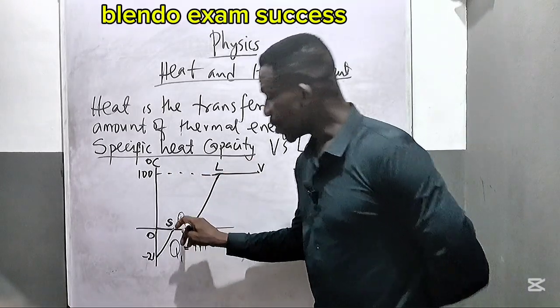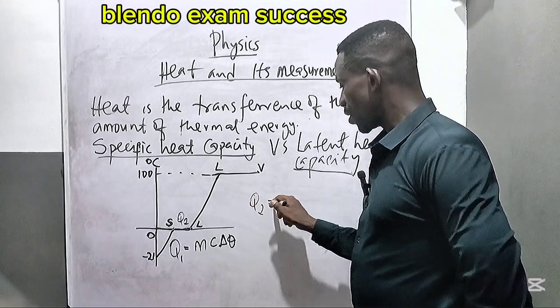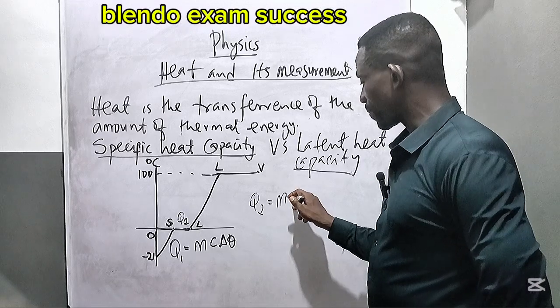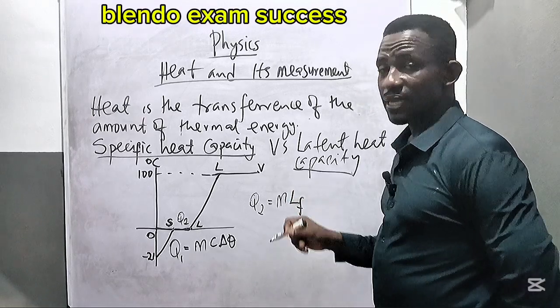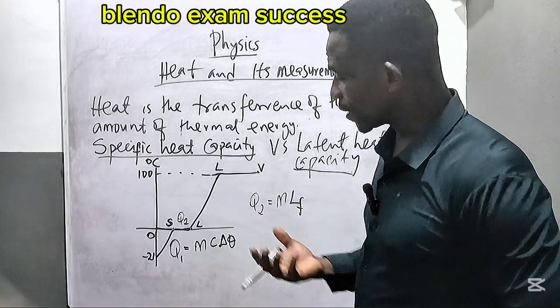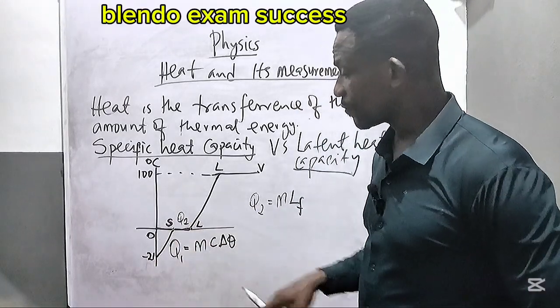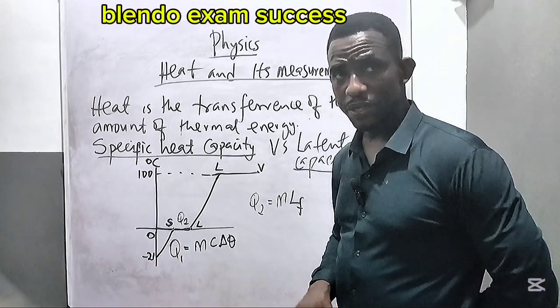At this point, where the temperature is constant, Q2 is equal to mass of water multiplied by latent heat of fusion. Latent heat of fusion is the amount of heat needed to change the state of water from solid state to liquid state at constant temperature.